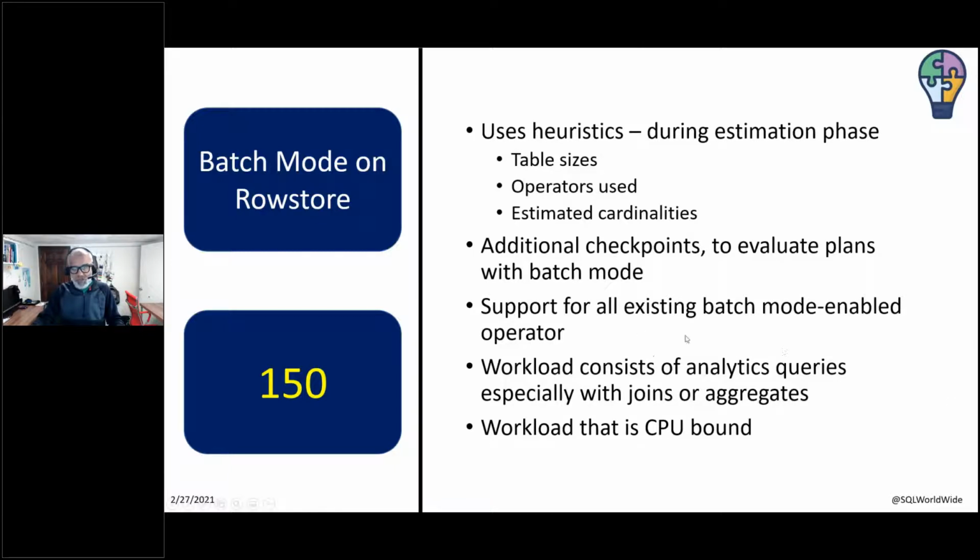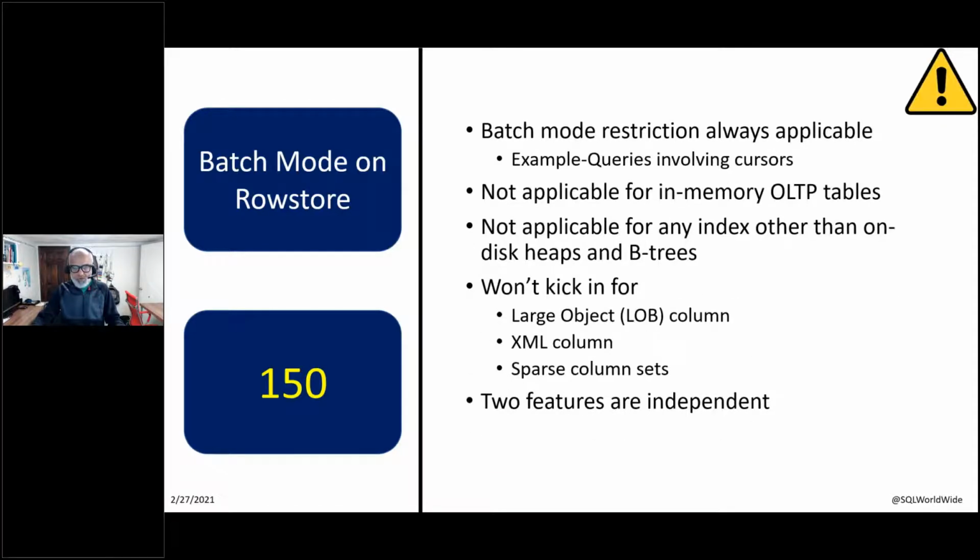Again, it uses heuristics. I'm not going to read this. One thing you have to understand is that this will only help if your workload is CPU bound, not IO bound. I just want to make this clear. If you have an IO-bound workload, a columnstore index will help it, but this is not going to. It will help you with your CPU workload.